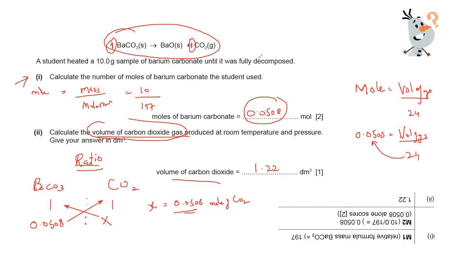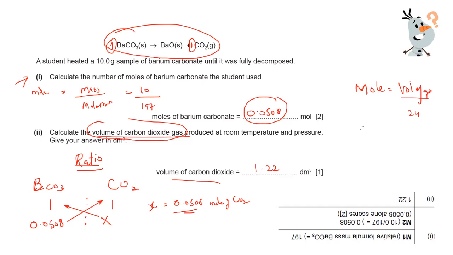Yeah, the ratio always gives us that. How did I get 1.22? As you can see, the main question is to find the volume, but we can use the ratio to get the moles. So after getting the moles of carbon dioxide, we need the volume.